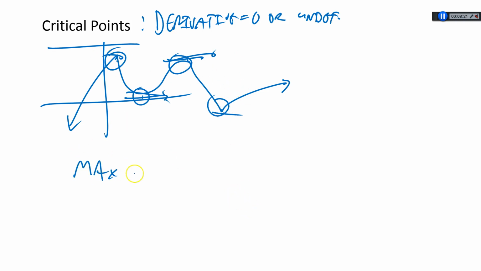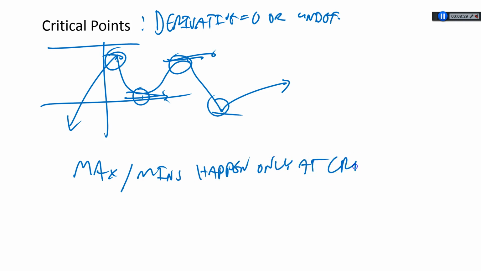So this is what the theorem says. The maxes and mins happen only at critical points. Okay, so maximum and minimum happens only at critical points.